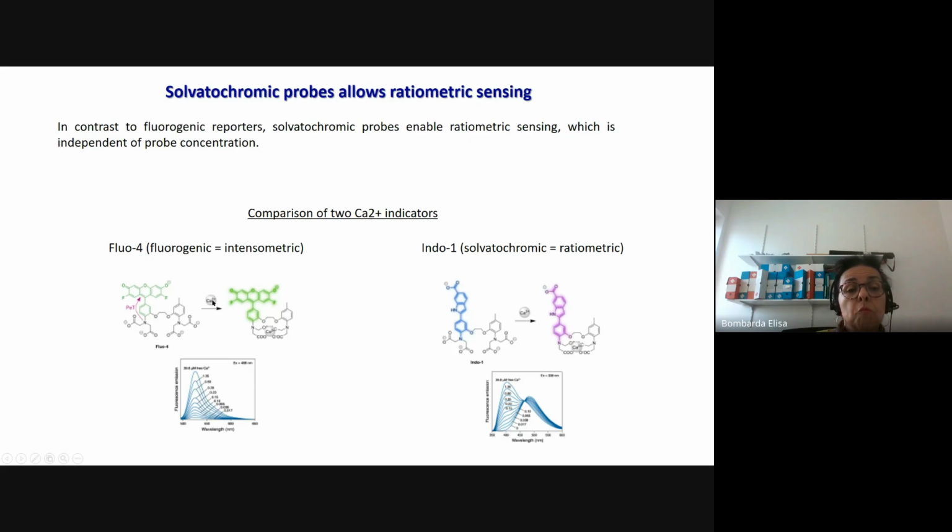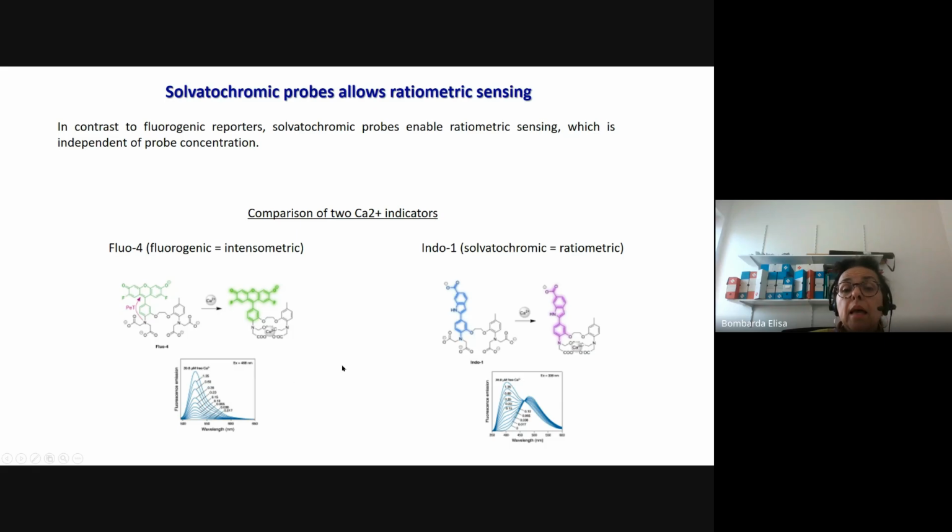So when calcium binds to the part of the molecule that is sensing the phenomenon, it gets fluorescent. And you see, the intensity that we can measure increases with the concentration of calcium.